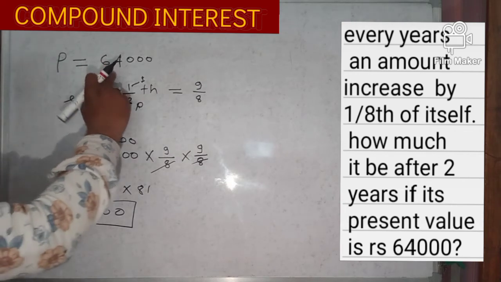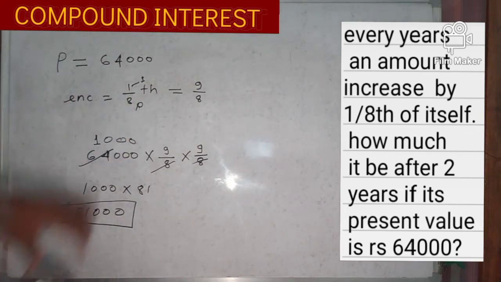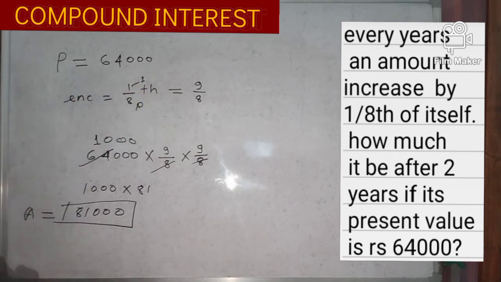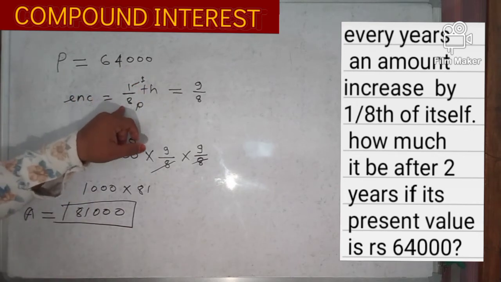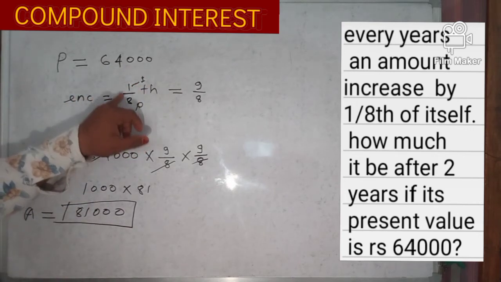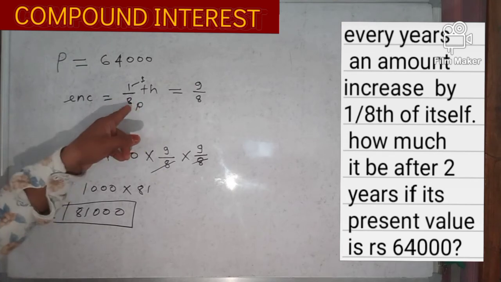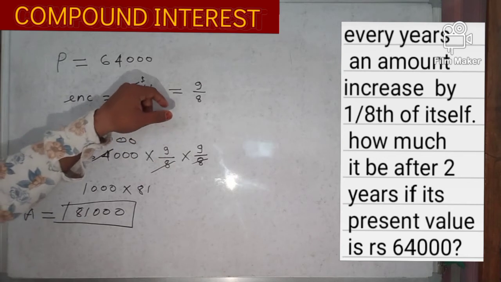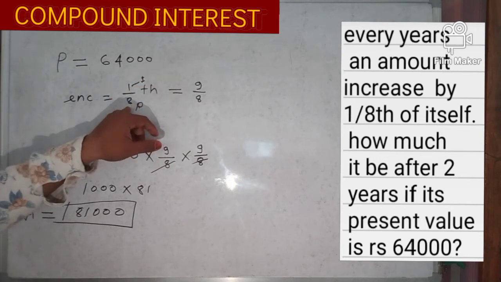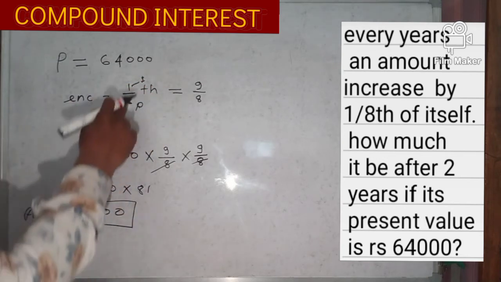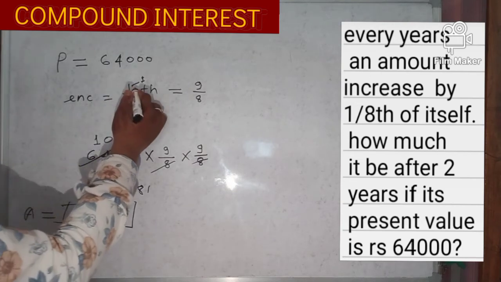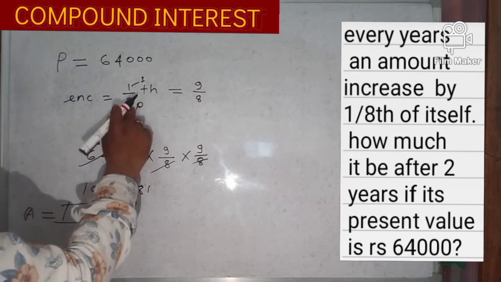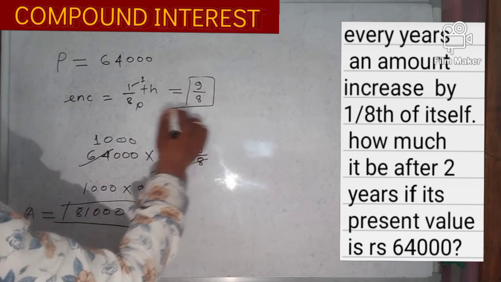See here once again, friends. Principal is given 64,000. This 64,000 is increasing every year by 1 by 8. So keep 1 by 8 here. Our principal is 8 and interest is 1. So 8 plus 1 is 9 by 8.